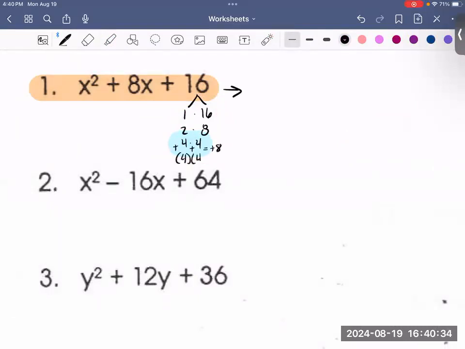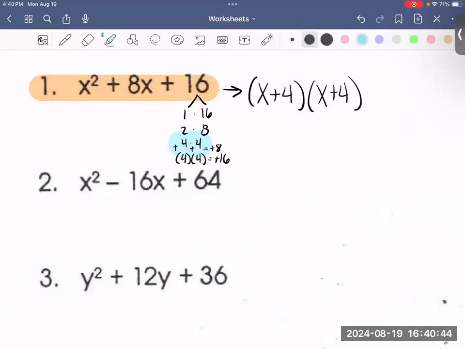And if you multiply both positives, it will still get you to a positive 16. So they can go right into your parentheses, these positive 4s, and even better, because there are 2 of them, we now just get to say there are double of them.